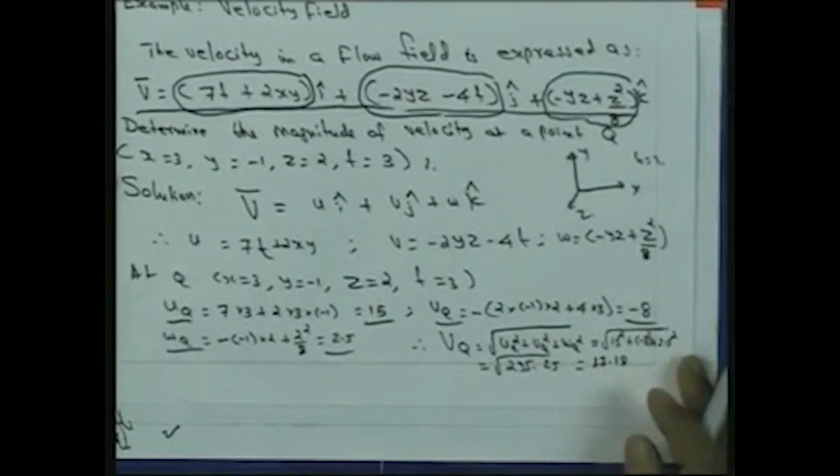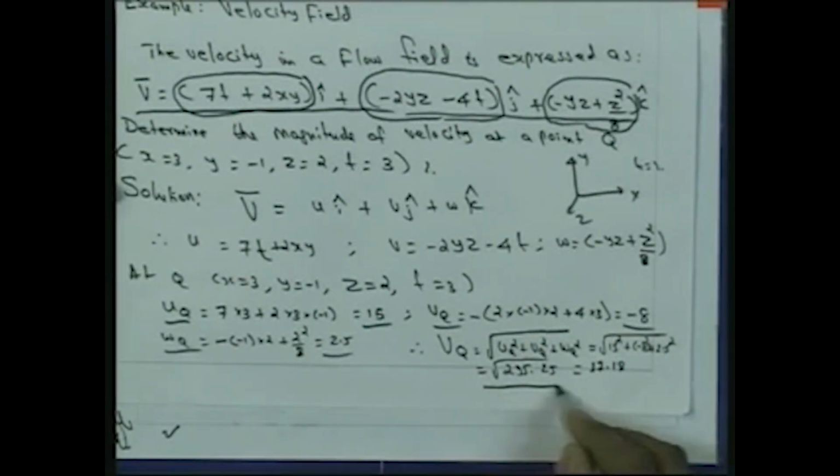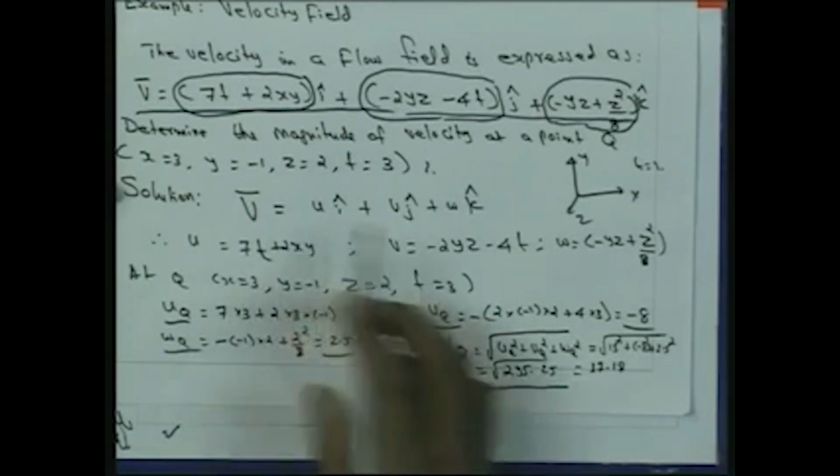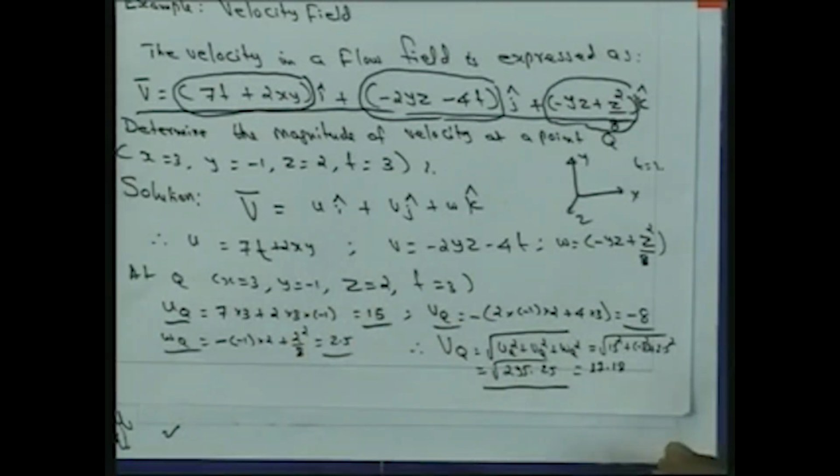Finally, the magnitude of the velocity at the point q is the square root of uq square plus vq square plus wq square. So the magnitude is the square root of 15 square plus minus 8 square plus 2.5 square, which is the square root of 295.25, equal to 17.18.